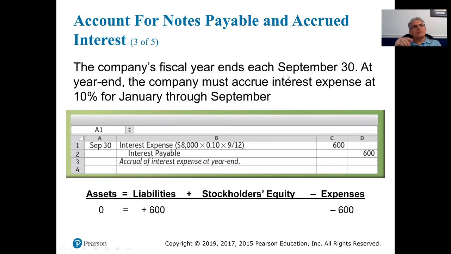If the note has not been paid by September 30th, then during the period between January 1st and September 30th, the company is accruing interest. When I say accruing interest, it means we are obligated to pay for interest during that period of time. At year end, the company must accrue interest expense at 10% for January through September.